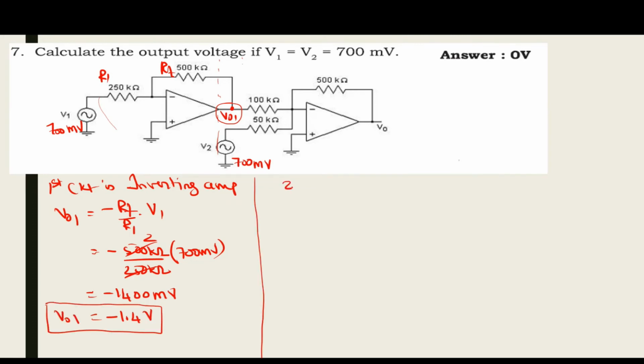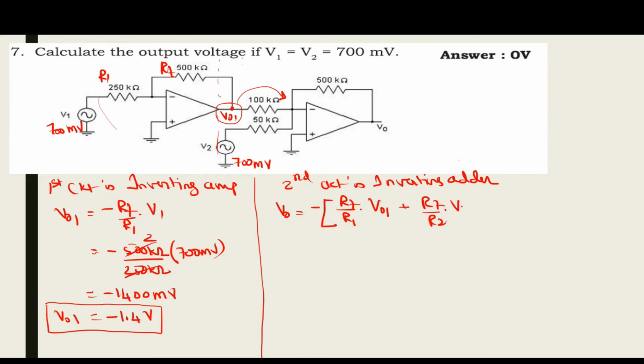Correct. What is the second circuit? Can you tell me? Inverting adder. So what is the formula? VO is equal to minus of RF by R1 into, instead of V1, I need to write VO1 because this is the input here, correct? Plus RF by R2 into V2.